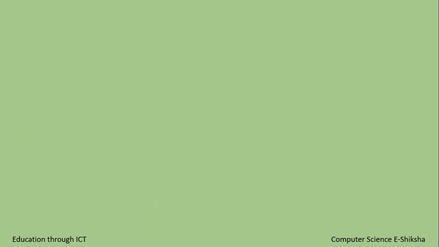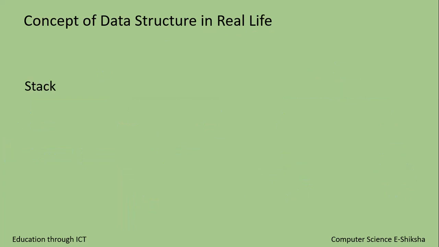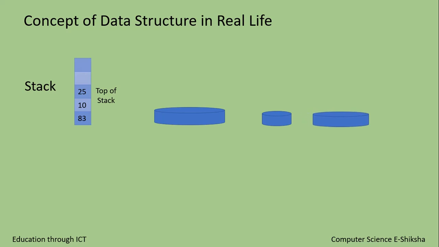So I would like to quote some examples. The concept of a stack as a data structure in routine life: you must have seen plates kept one above the other. If I want to remove the plate which is placed in the middle, I first need to remove the plate which is at the top, and then the plate at the second location.